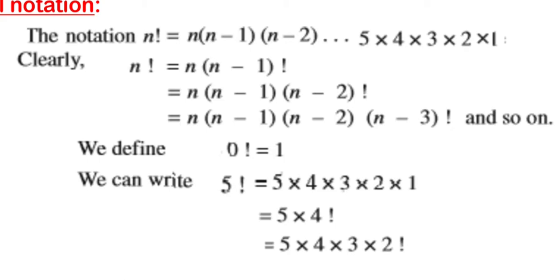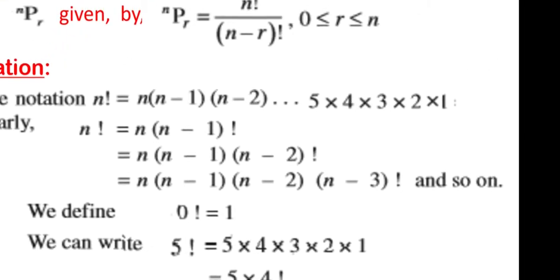Then 5 minus 1, 4, then 5 minus 2, 3, up to 5 minus 4, which is 1. We will not count 5 minus 5, otherwise the multiplication result will become 0. So up to 5 minus 4 we take, which is 1.